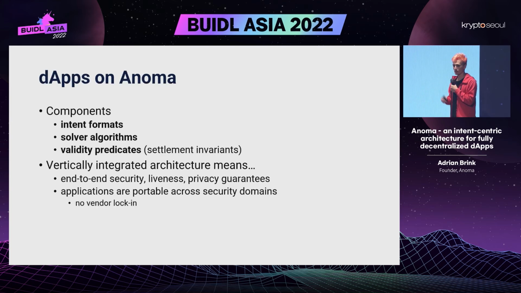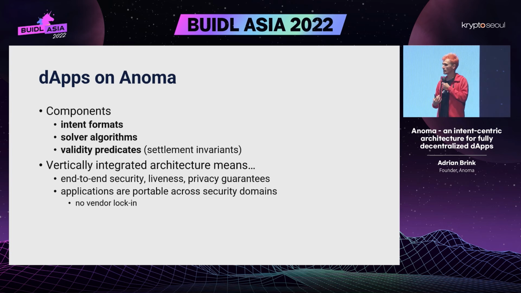So what components do dApps on Anoma have? They have intent formats, as in everyone has to agree on a standard for the intents. They have solver algorithms that can look at multiple intents and combine them, and then they have validity predicates, which provide settlement invariants that the protocol as well as users care about.